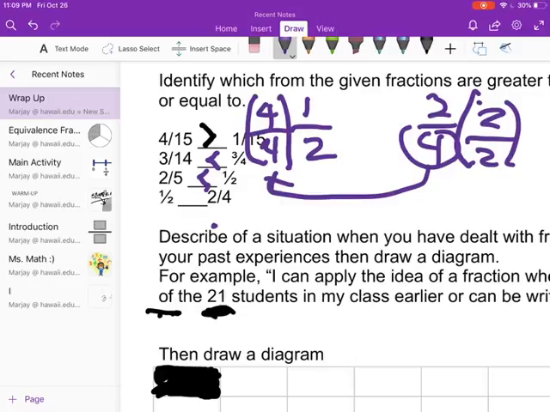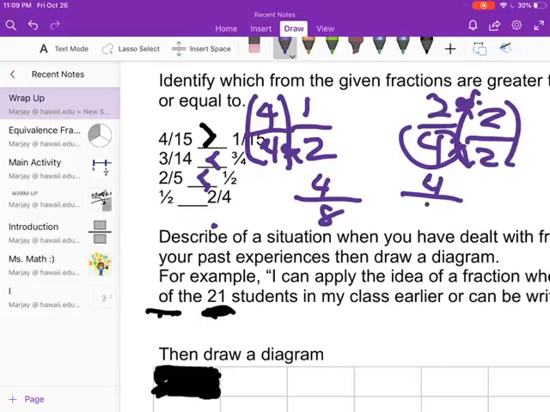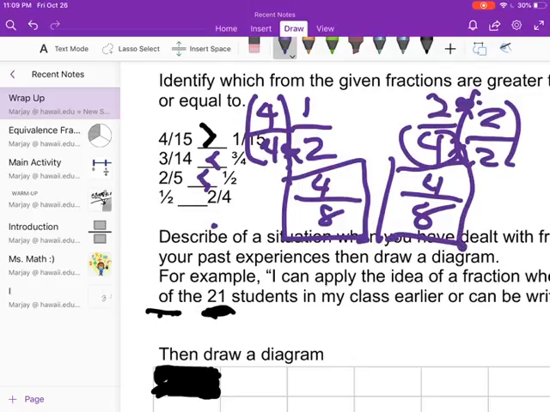So 4 times 1 equals 4, and 4 times 2 equals 8. 2 times 2 equals 4, and 4 times 2 equals 8. Yes, they are indeed equal.